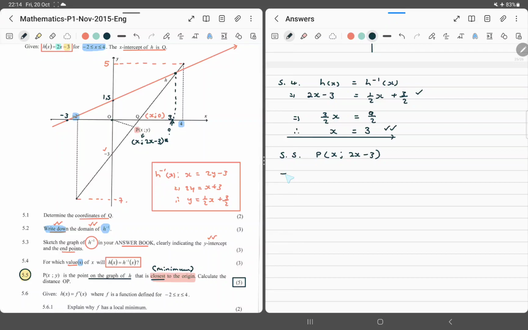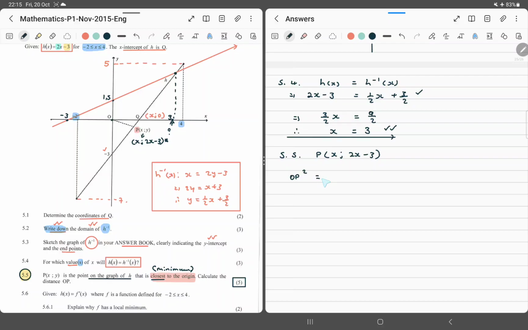We can say OP. Now remember, we're going to use the distance formula, but the distance formula is going to introduce a square root sign.